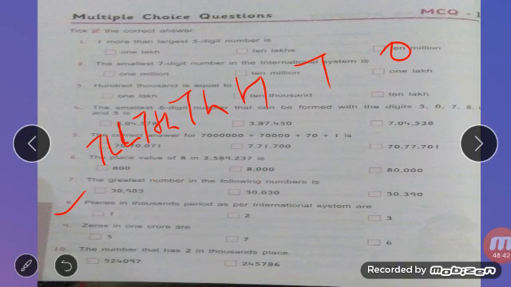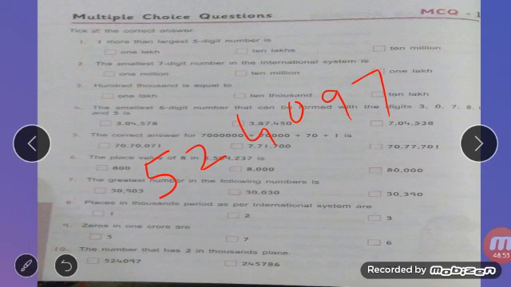See, the first number is 524,097. This is ones, tens, 100, 1000. So here 2 is not in the thousands place. So that is not the correct answer.